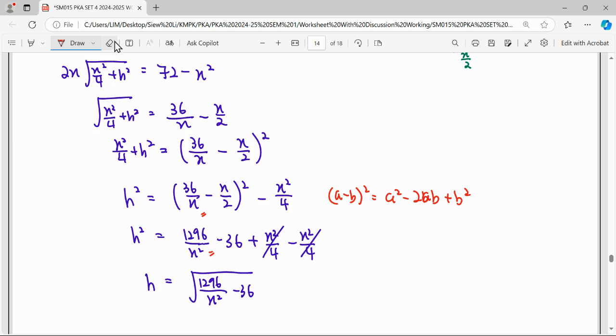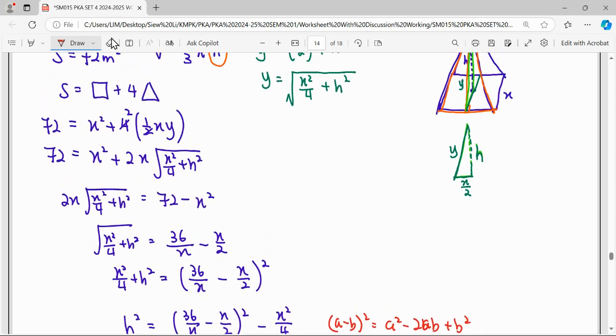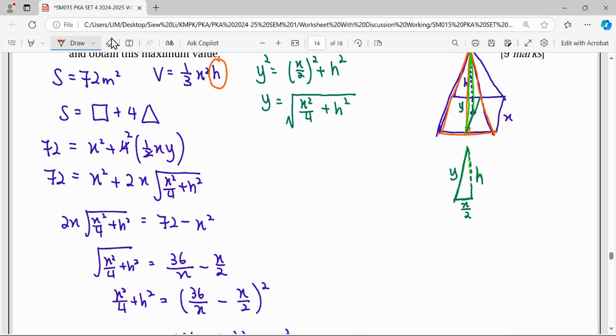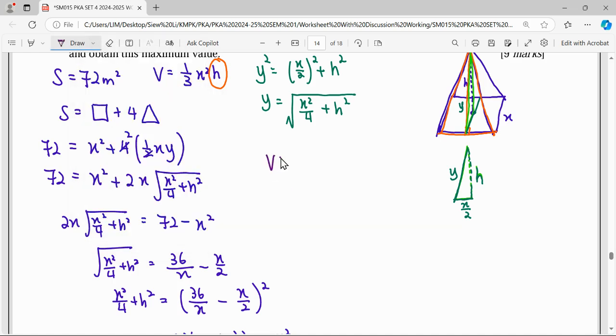Alright? Okay, so get back to the volume. Where the volume is 1 over 3 x squared times h. So 1 over 3 x squared times the square root of.